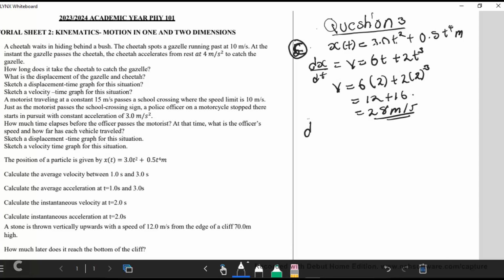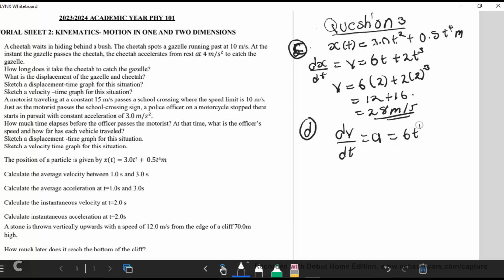So how about D? For D, we are differentiating the velocity now, which is dv over dt. It gives us the acceleration. So here we have 1 times that, it will be 6, right?